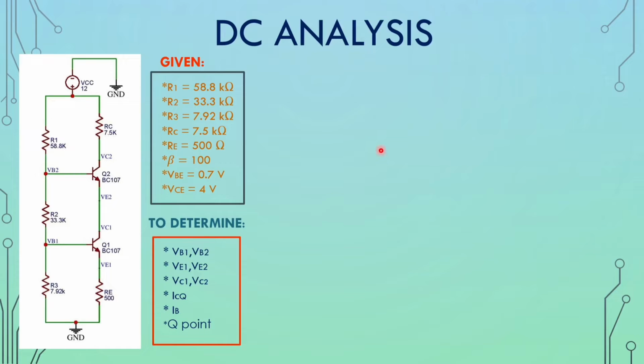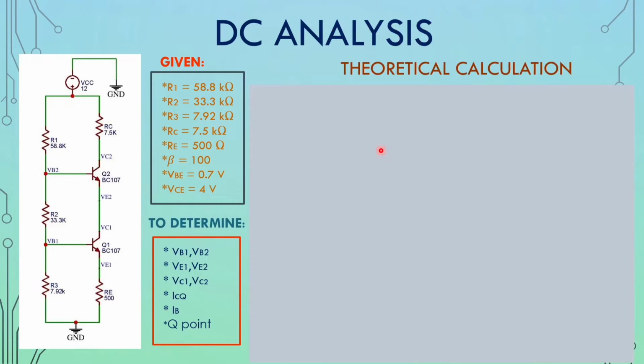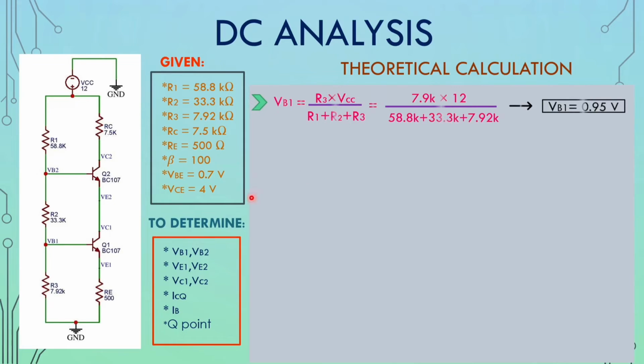Now let's enter into the theoretical calculation of DC analysis. First we are going to determine VB1. Here we have VB1 in the circuit. For finding the VB1 value, I am going to apply the voltage divider rule. Voltage divider rule is defined as the voltage across the resistor times the supply voltage divided by the total of the resistors.